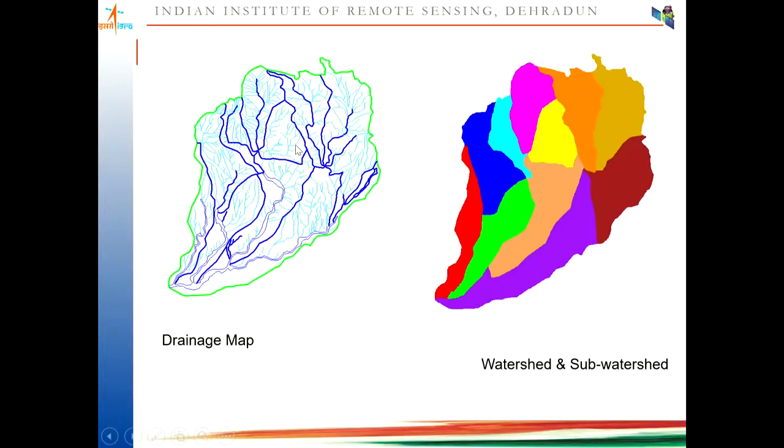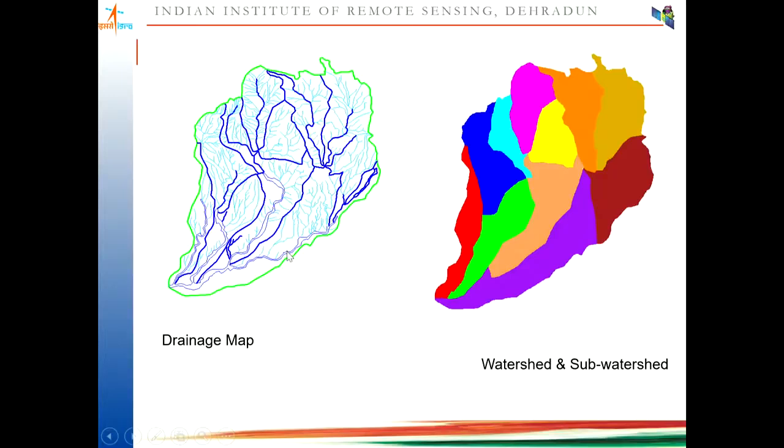When first order and first order meet, they form the second order, and second order forms the third order streams. So various streams you can map from the satellite data, or from the topo sheets, and you can use this drainage map to prepare the sub watershed map.